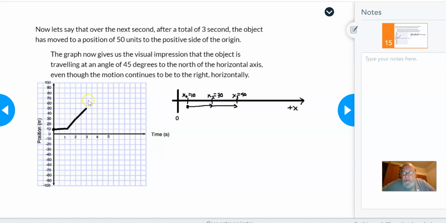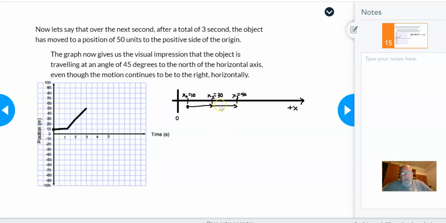But even though the motion continues to be to the right horizontally, and if we show the corresponding motion diagram over here, we can see that after 1 second, I was at 10 meters, right? And then after 2 seconds, I was at 30 meters, and then after 3 seconds, I was at 50 meters.